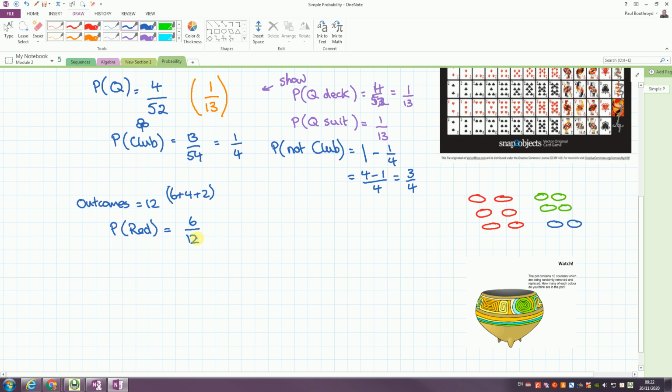Probability of not red, everything else. We've got 12, take away those 6, and we're left with 6 out of 12, which can simplify to half.